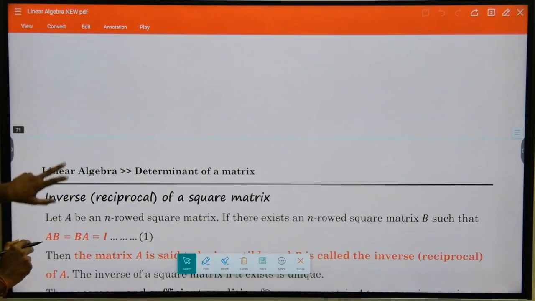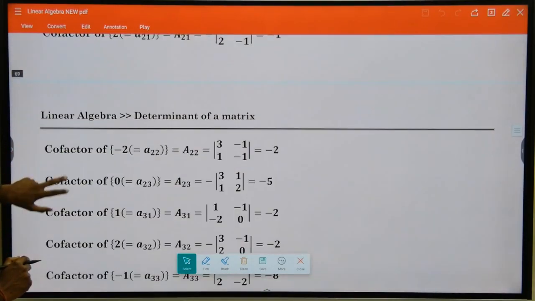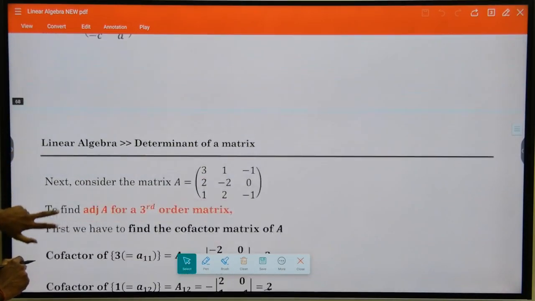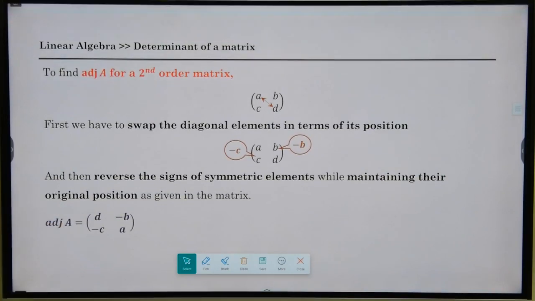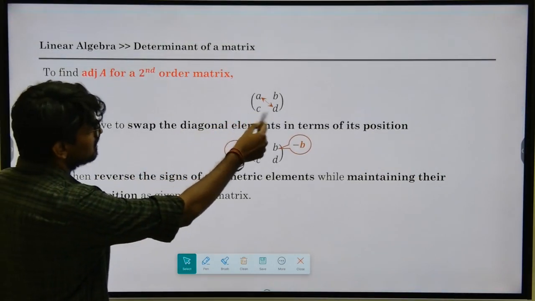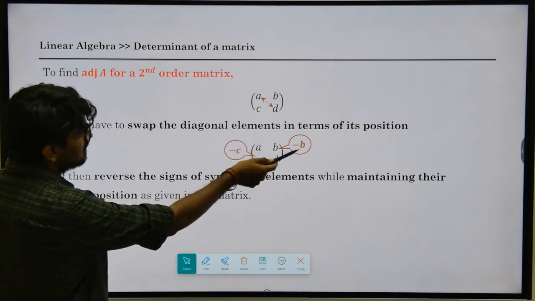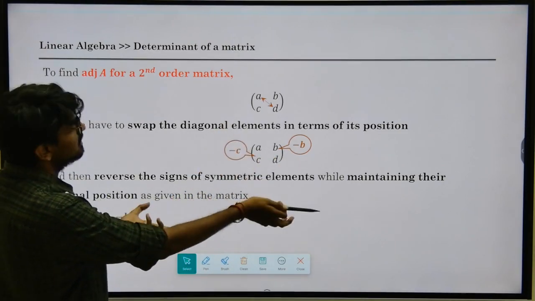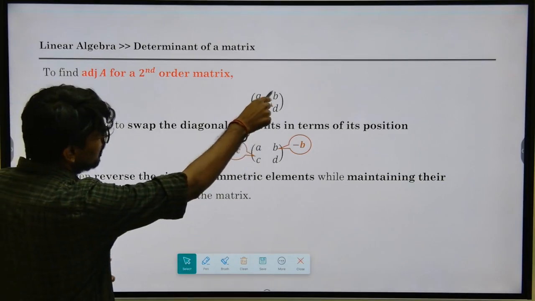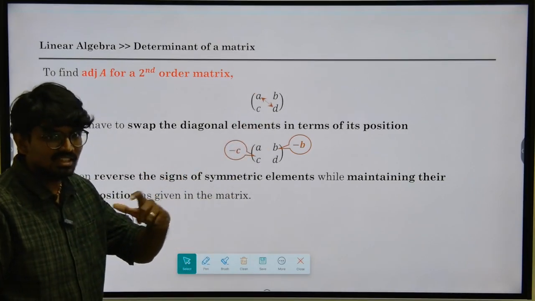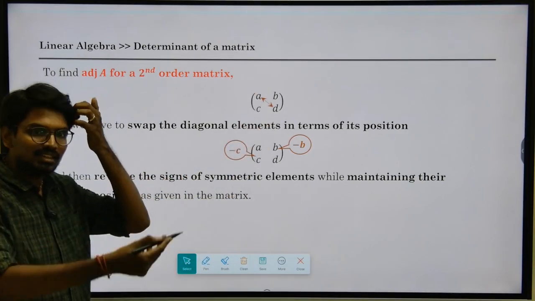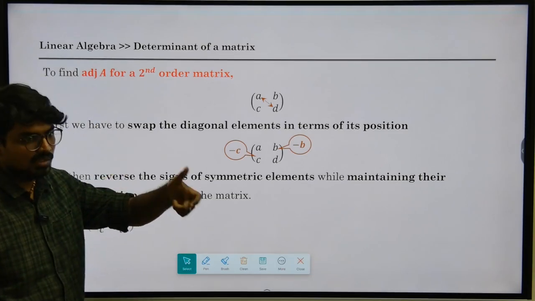But for a 2 cross 2 matrix, there is a shortcut. If it is a 2 cross 2 matrix ABCD, just reverse the leading diagonal elements. For the other diagonal elements, you only need to change the sign.